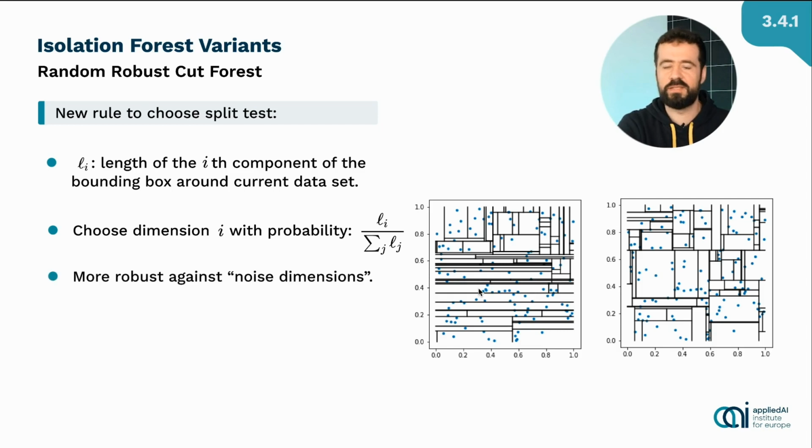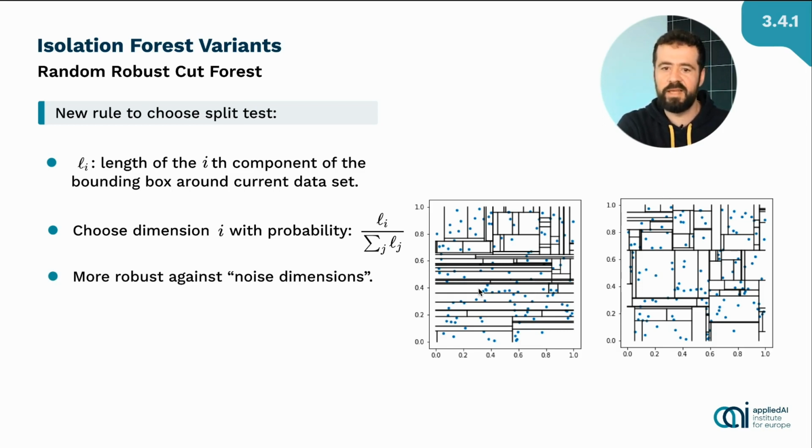First of all, they claim that this is more robust against noise dimensions. For instance, you can imagine that you have a data set where there are only one or two really important features, and in all the other features there's just some small noise present. Then the original implementation would prefer the noise dimensions just as well as the dimensions of relevance. While this implementation would recognize that there's only little variation in most of the dimensions and would prefer the relevant ones.